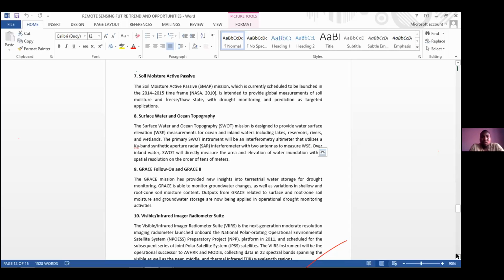And then we also have what you call the surface water and ocean topography. The surface water and ocean topography mission is designed to provide the surface water elevation measurement for the ocean. How do I mean by this? That's why you're able to see remote sensing experts come and tell you about this ocean or this river: if you don't use this river in 10 years, the river is going to be dry. Why?